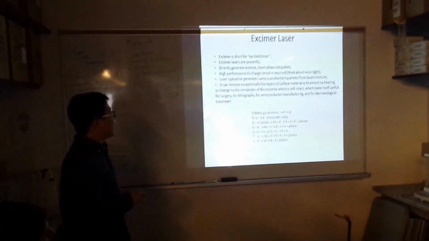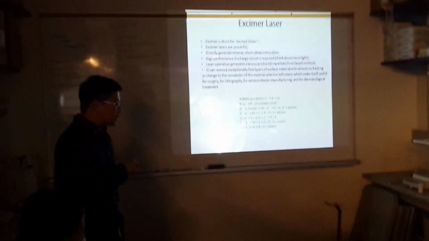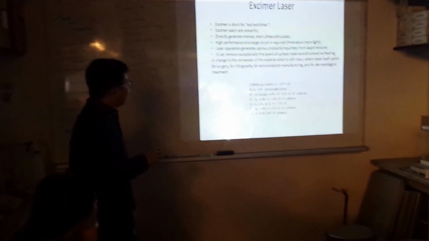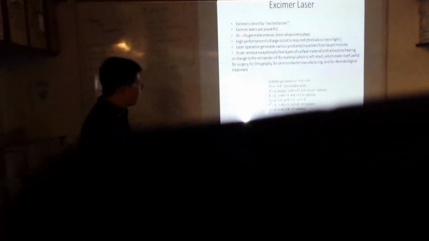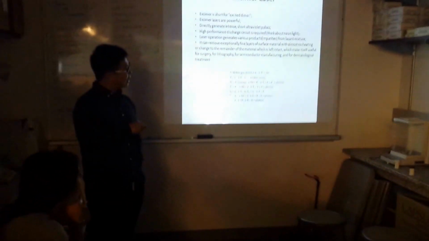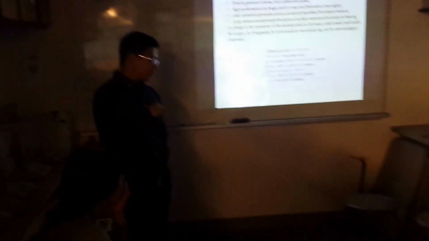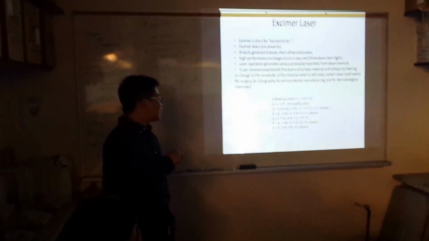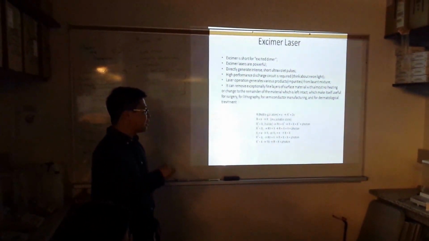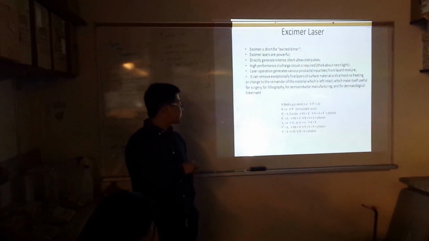So next one, excimer laser. Excimer is short for excited dimer, and the basic mechanism of this laser is you mix noble gas with halide gas together in the chamber, and you excite that, and it has various types of collisions and reactions here.